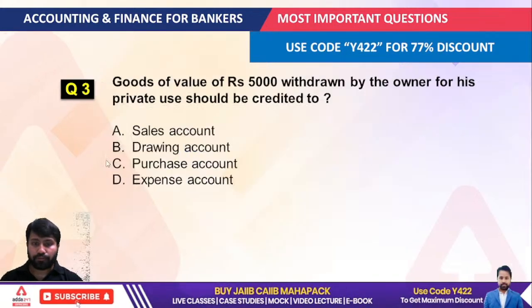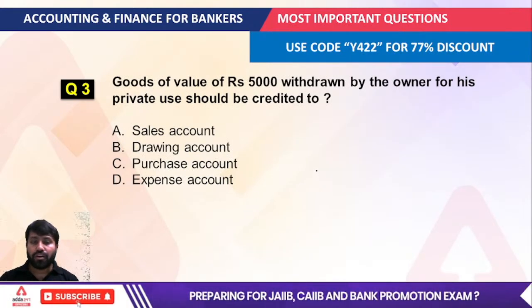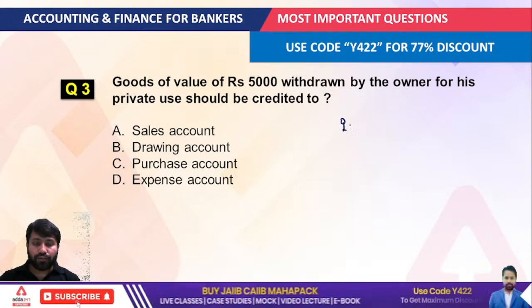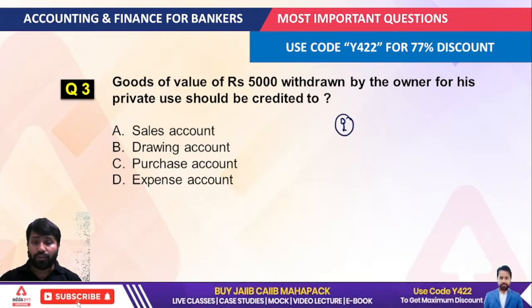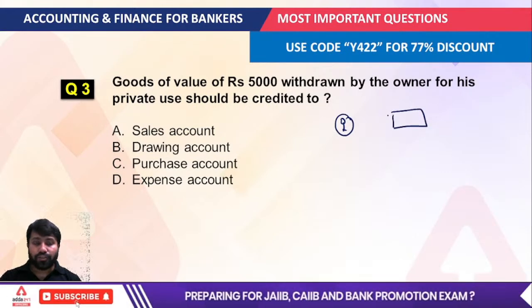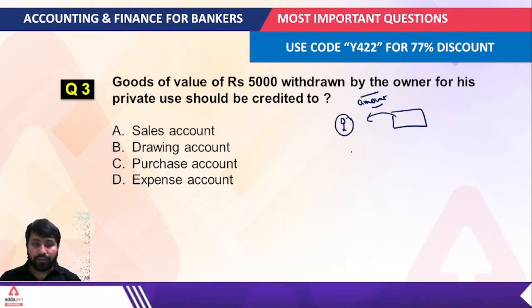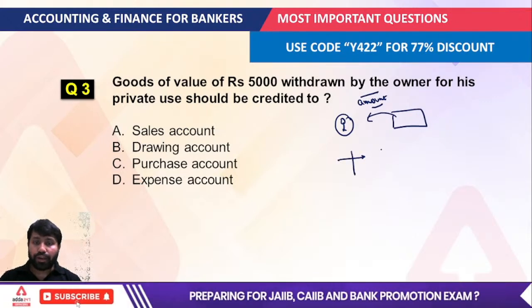Okay, next question. Goods of the value of 5,000 withdrawn by the owner for his private use. Due to the business entity concept, we understood that the owner and the firm are different entities. So whenever the owner withdraws an amount, two accounts would be included.